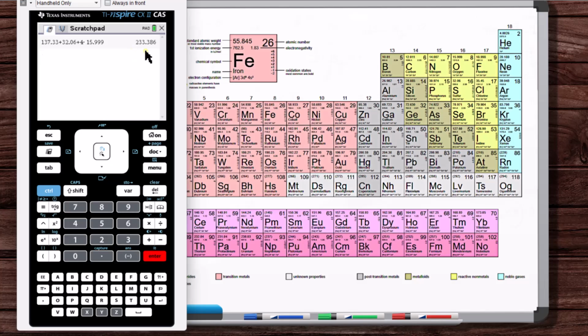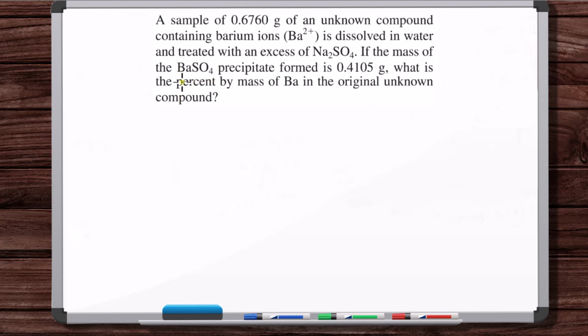So there's the formula weight of barium sulfate, but now we just want to divide 1 barium by this. So this 58.8% of the entire mass of a barium sulfate unit is barium. That's just saying that 58.8% of all of this is coming from the barium.